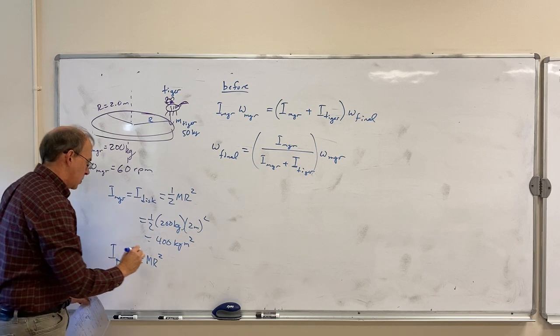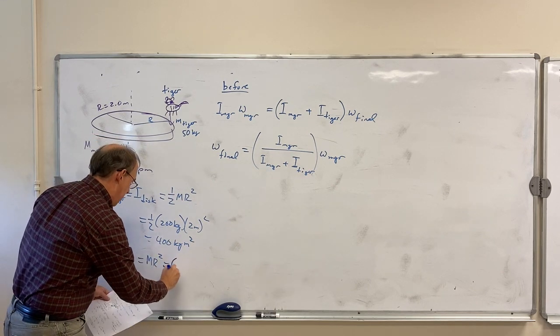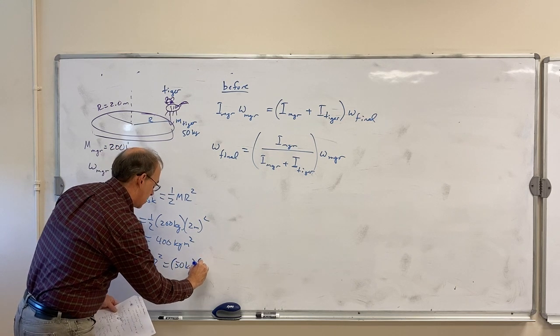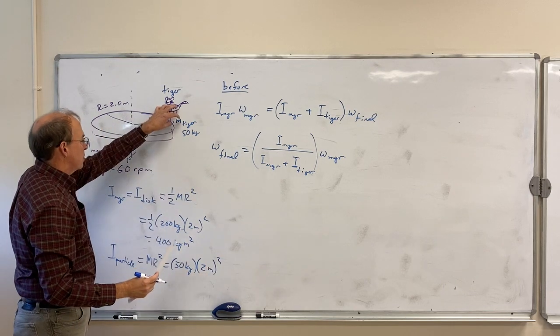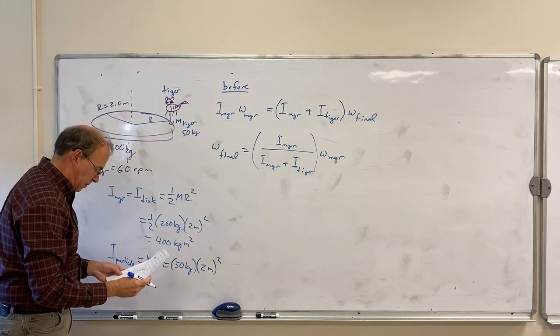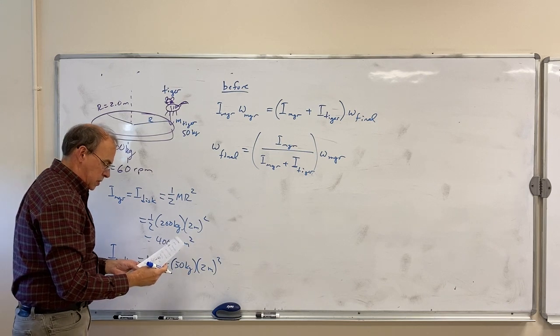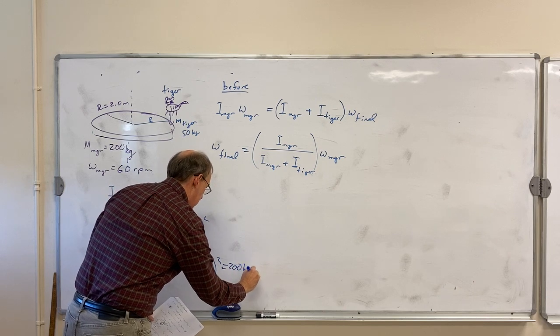So for I of the tiger, it's the mass, 50 kilograms, times the radius, 2 meters squared, because that's where the tiger is, out here at the very edge of the merry-go-round. And 50 times 2 squared is 200 kilogram meters squared.